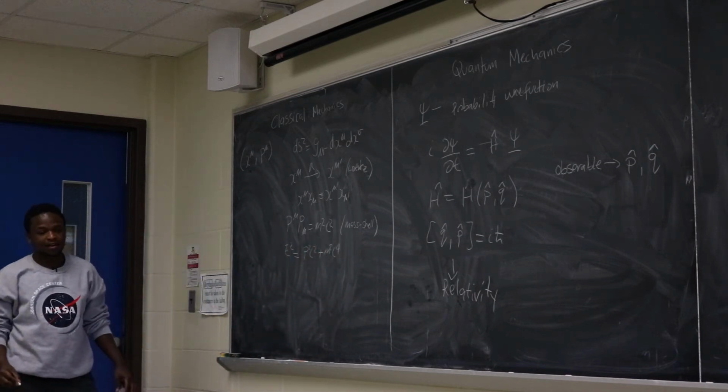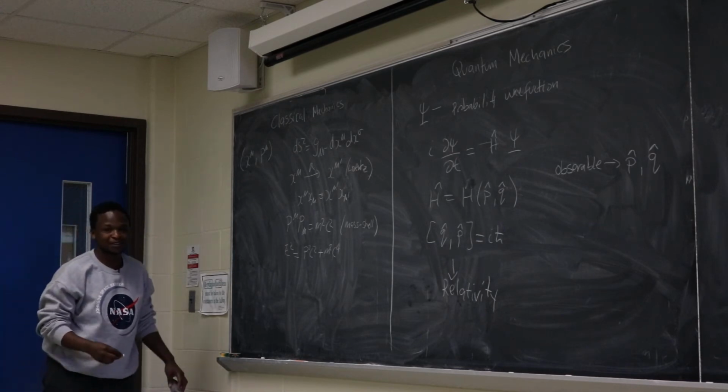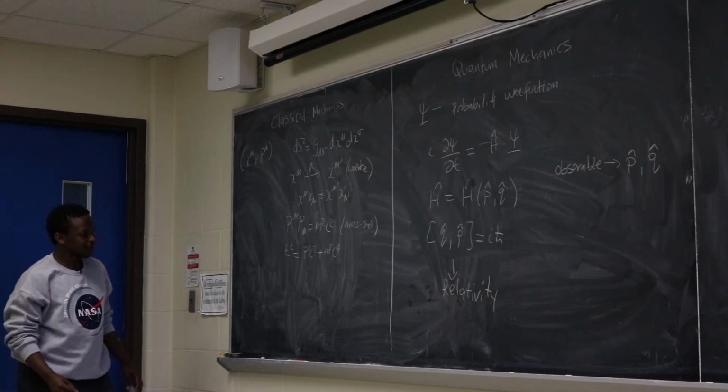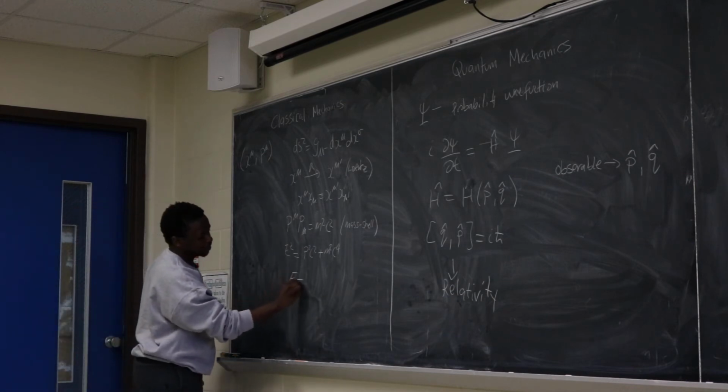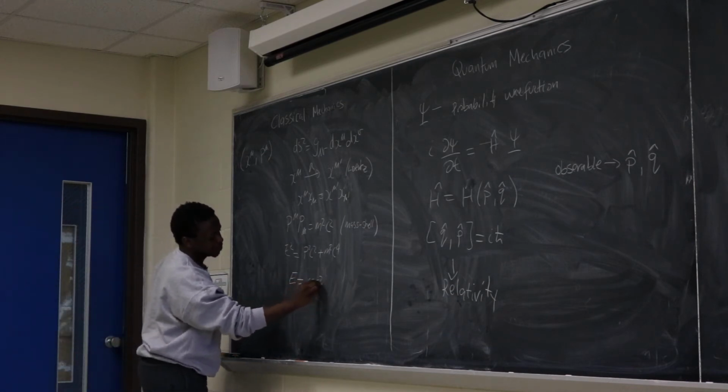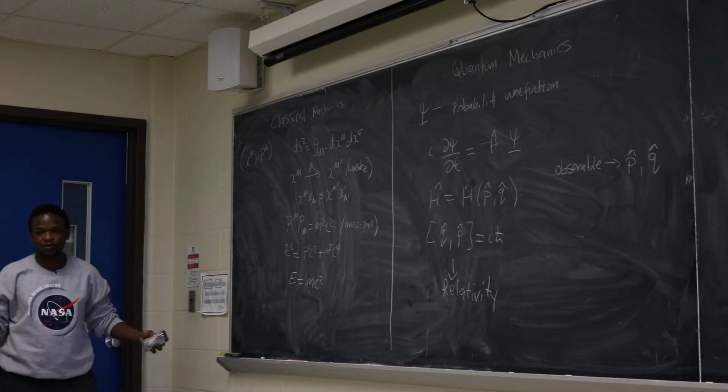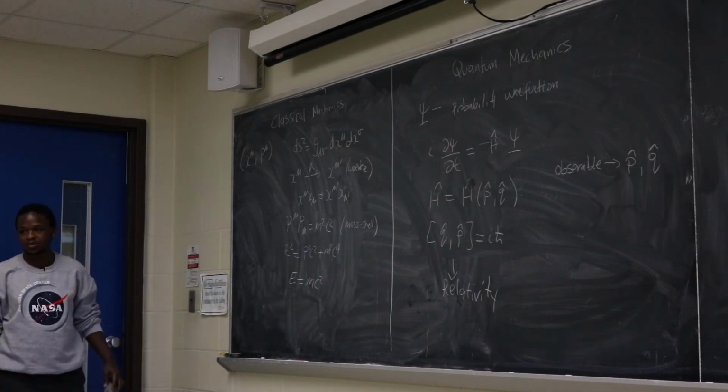And I can go further for those who are not necessarily in physics in the room: if P is equal to 0, this gives you the famous equation by Einstein, E equals mc squared.